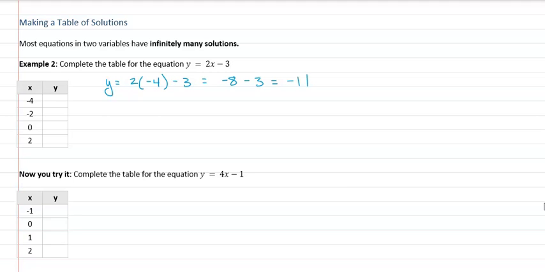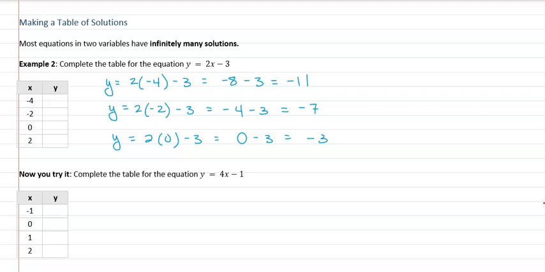All right, the next one is y equals 2 times -2 minus 3, which is -4 minus 3, which is -7. The next one is y equals 2 times 0 minus 3, which is 0 minus 3, which is -3.